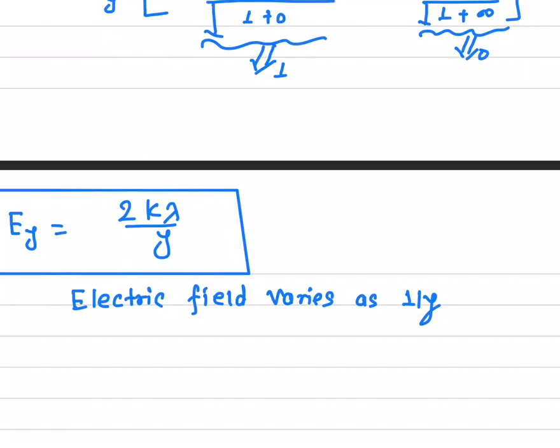So if you compare a point charge and a line charge, the electric field due to a point charge varies more rapidly than the electric field due to a line charge. Okay, so this is the equation for the electric field due to an infinitely long line charge.